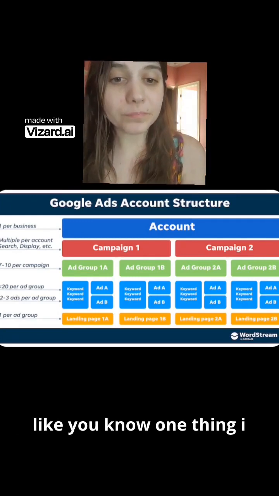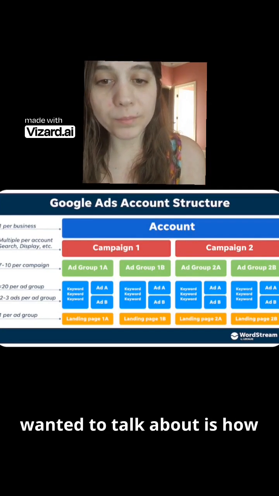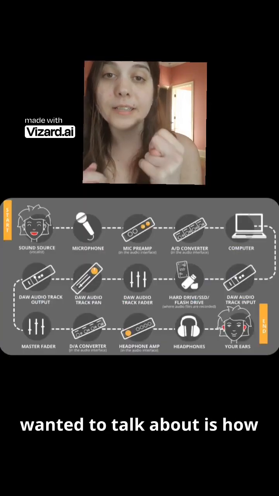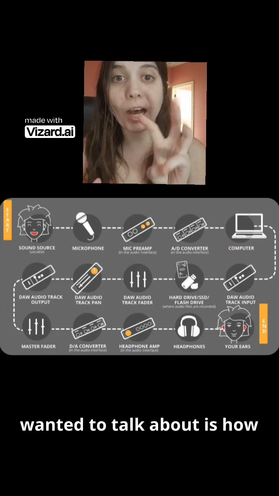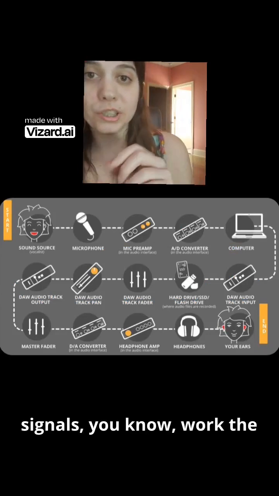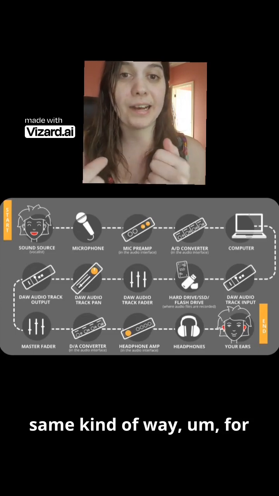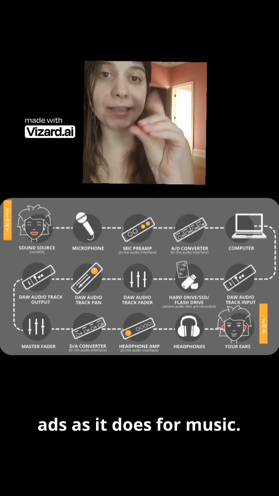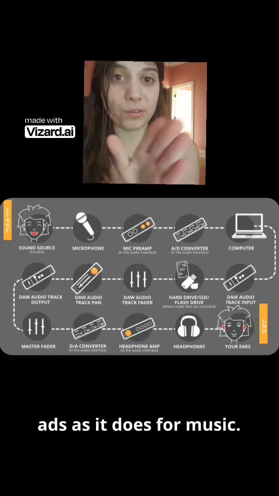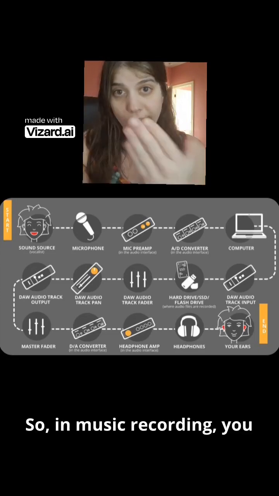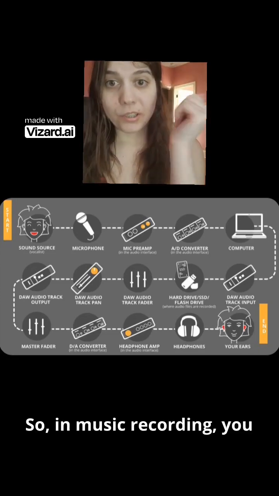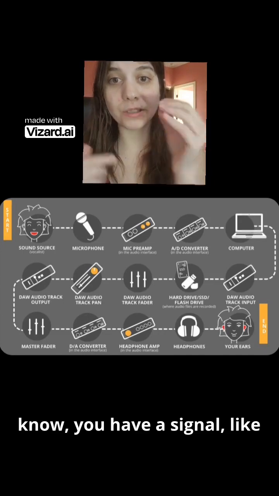One thing I wanted to talk about is signal flow. How signals work the same kind of way for ads as it does for music. So in music recording, you have a signal.